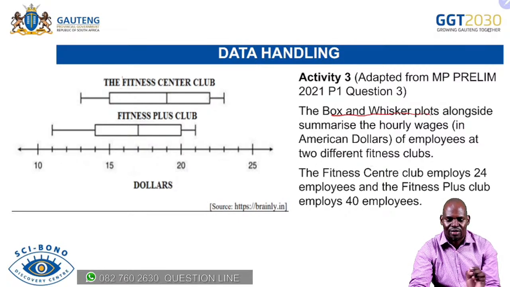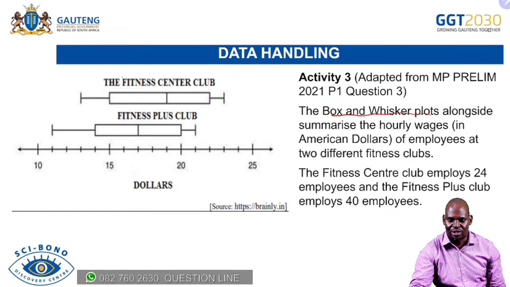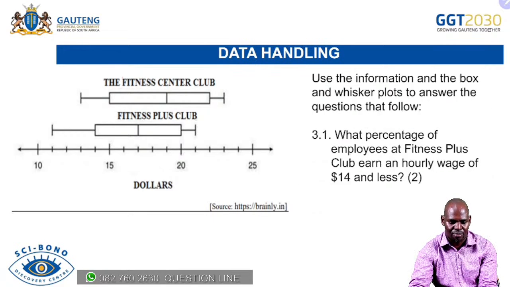Right, then they say use the information in the box and whisker plots to answer the questions that follow. What percentage of employees at fitness plus club have an hourly wage of $14 and less? Now we have to look at where the $14 is. In terms of interpretation, it's 15 minus 10, so you get 5.